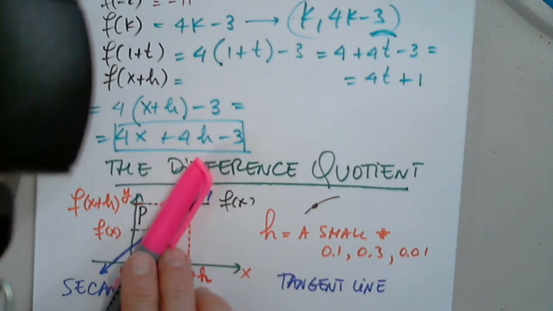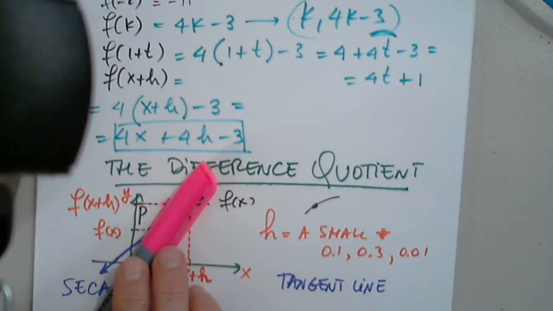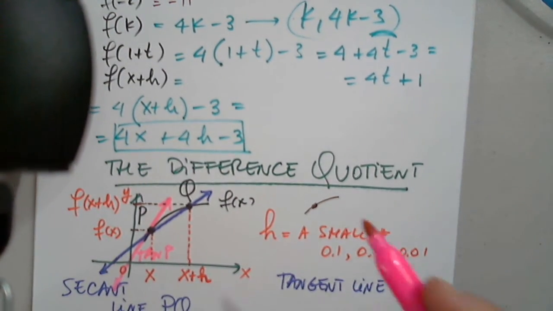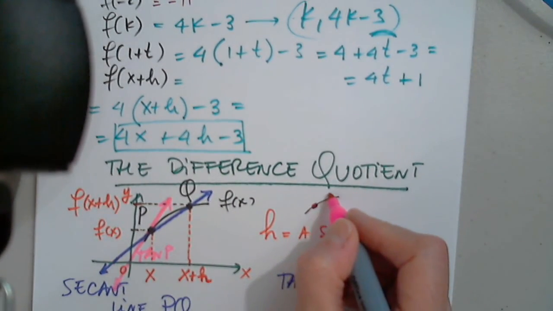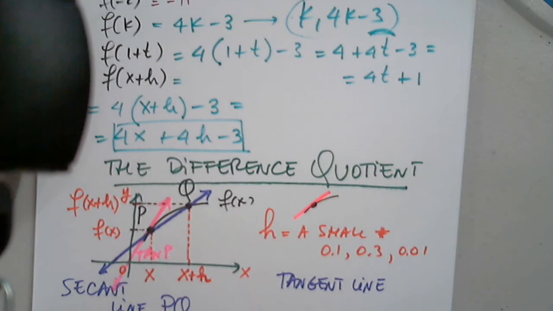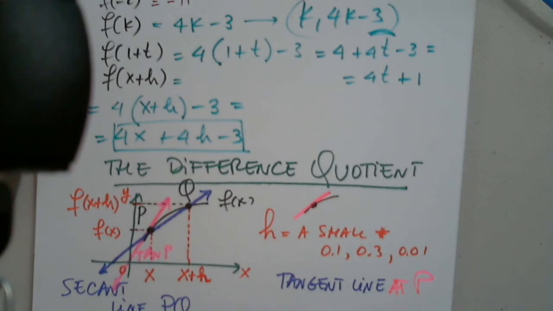But the tangent line touches the graph in 1 point. So if you want to illustrate it better here, it's something like this. Okay, so we also have the tangent line at P. I'm going to focus on the secant line for a moment, not on the tangent line right now.